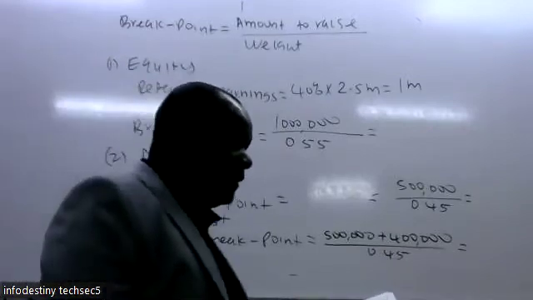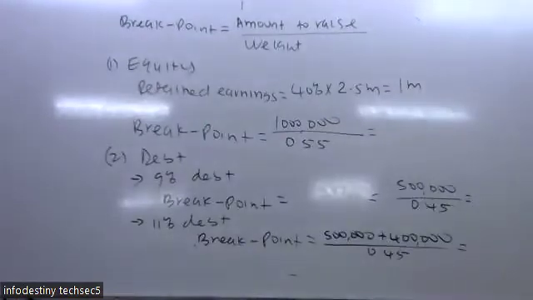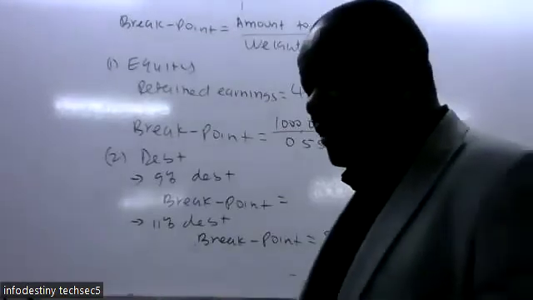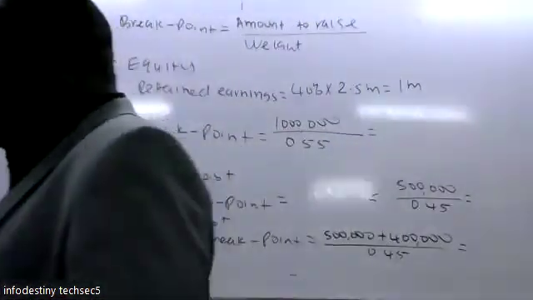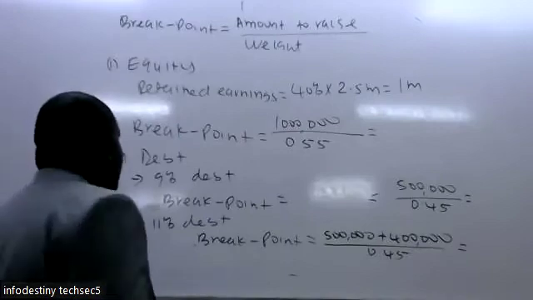So Kensel Limited has the following investment opportunities for the coming year. They have given you projects A, B, C, D and E, cash outlay, annual net cash flow, project life, and also IRR. So we start by calculating the cost of the retained earnings.